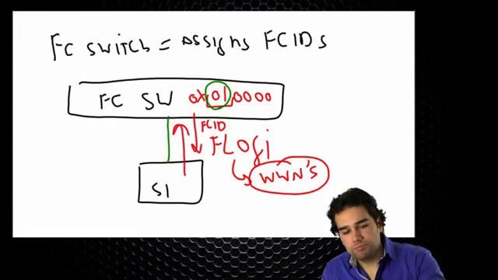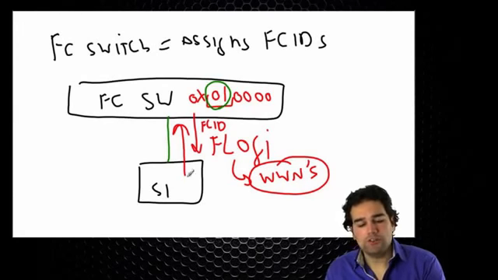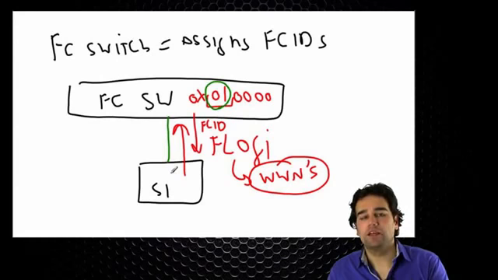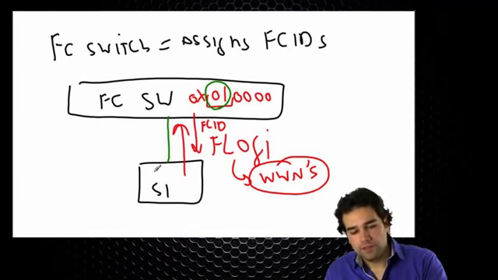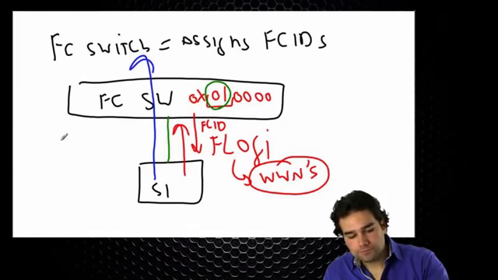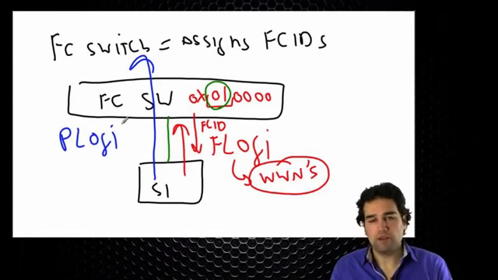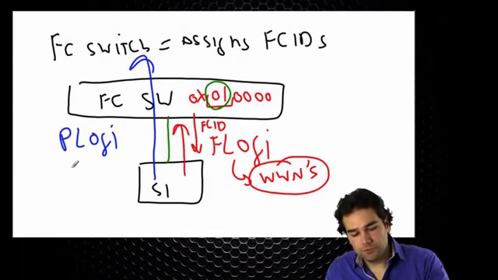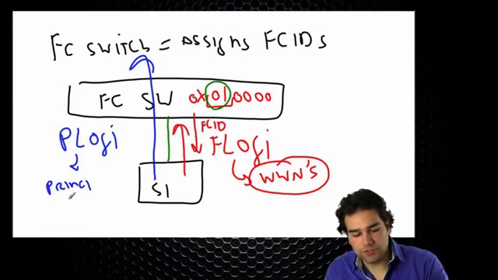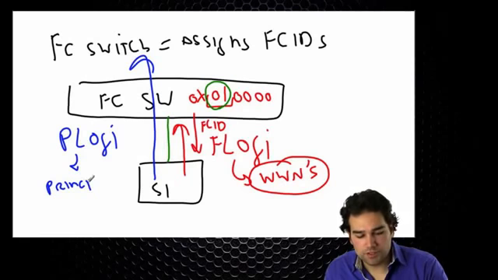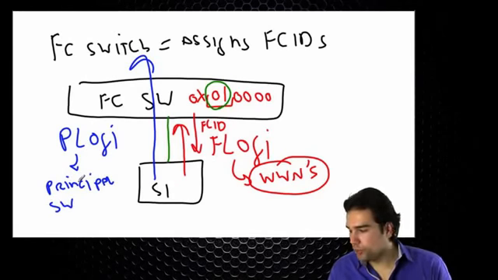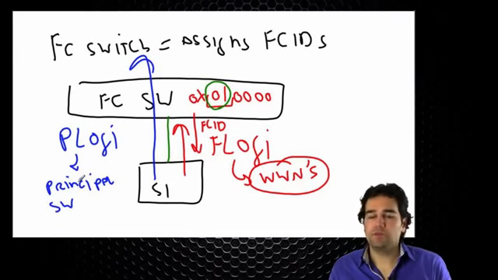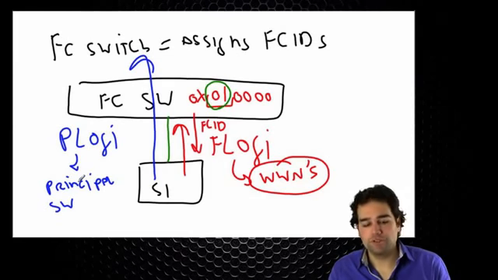The next step that a host does as soon as it becomes online on the network is it will send out a port login, or PLOGI, to the principal switch. Or actually, it's going to send it to a certain address, and the principal switch is the one that's going to reply to that. So the port login is being replied to by the principal switch.